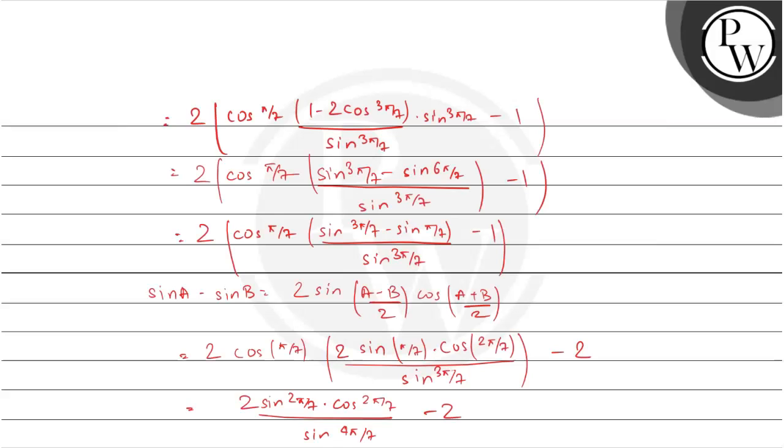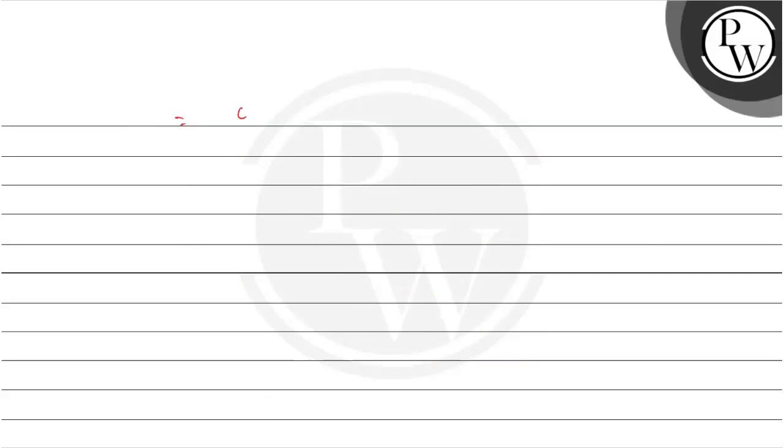Again, I'll use the double angle formula over here for sine, which is sine 2 theta equal to 2 sine theta cos theta, and this is sine of 4 pi by 7 upon sine of 4 pi by 7 minus 2, which is 1 minus 2, which is minus 1.